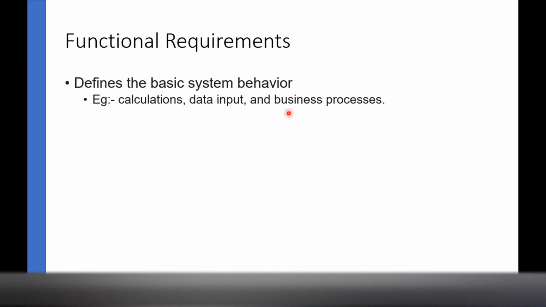Business processes. Now business processes are the activities that occur in the system. If you want to add a friend, if you want to remove a friend, if you want to hide your birthday from others, those are business processes. Everything here defines some action that is happening in your system.